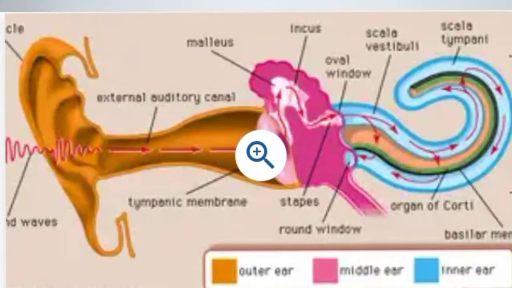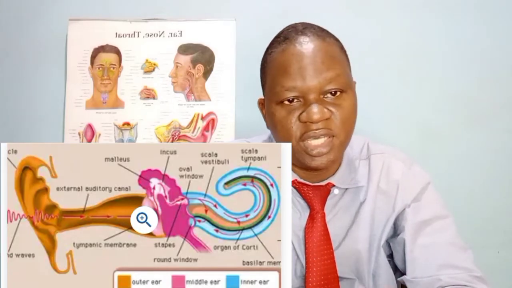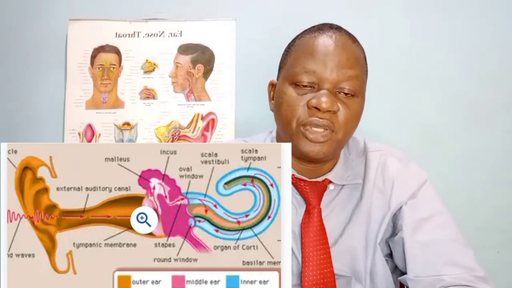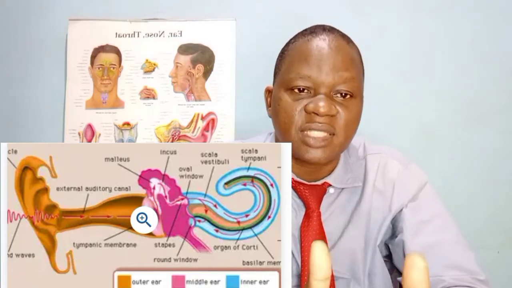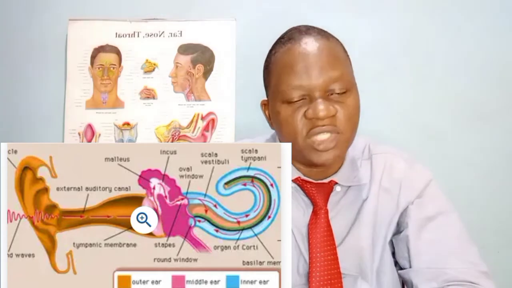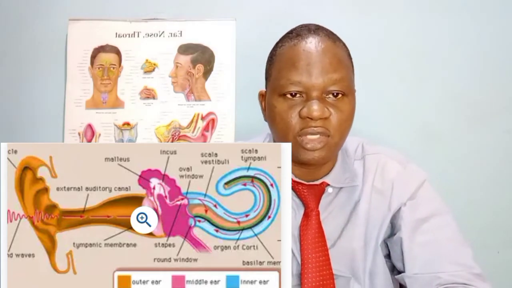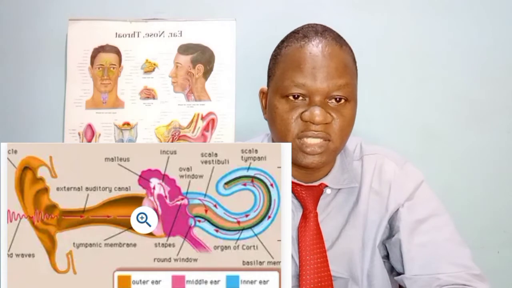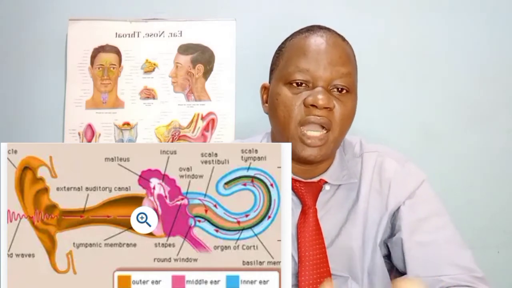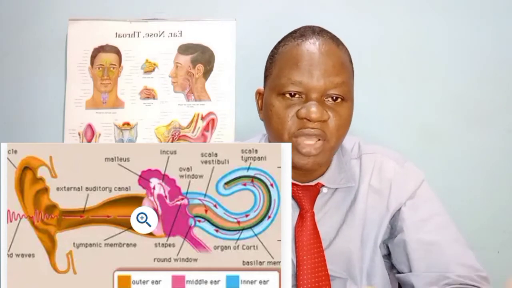For hearing to take place, the pinna collects sound wave from the surrounding and concentrates the sound waves onto the external auditory meatus, or the ear tube. The external auditory meatus, on the other hand, will send the sound waves to the tympanic membrane. The tympanic membrane will receive the sound wave and send to the three ossicles, which are the malleus, incus, and the stapes. The malleus, incus, and the stapes will then send the impulse or the sound waves to the inner ear.